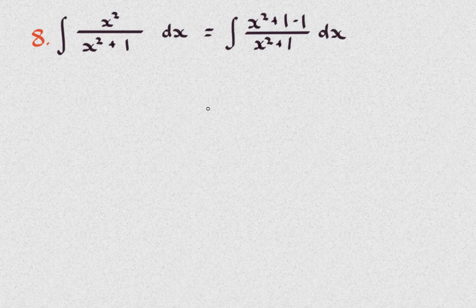And then we can do a similar thing to before, where we take this part and put it in its own fraction. So x squared plus 1 over x squared plus 1. And then we write our second fraction, which is minus 1 over x squared plus 1.